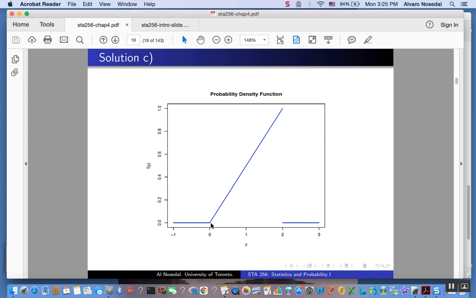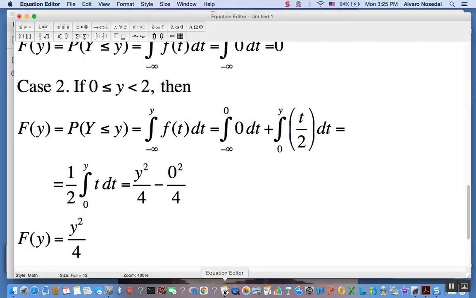But you do that for all the numbers between 0 and 2, and that is going to be what we have here, y squared divided by 4. That's going to give you the area underneath that triangle for any number between 0 and 2.